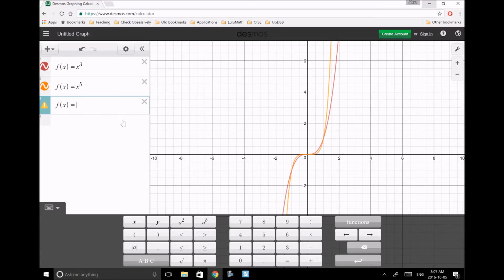Let's do the same thing with x to the power of 7. Looks like that, right? X to the power of 9 looks more like that. So it's the same general idea, but each graph is going to be a little bit skinnier, a little bit closer to the x and y axes as we increase our exponents, okay?